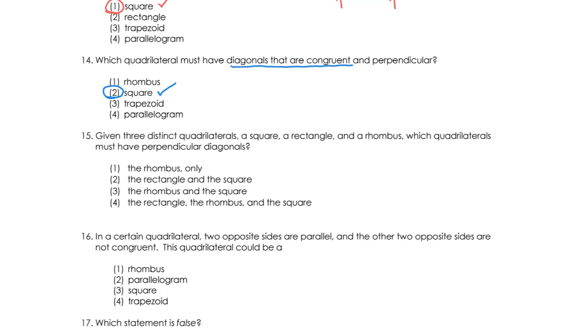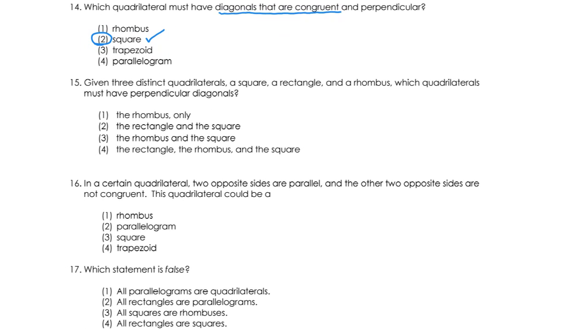Number 15. Given 3 distinct quadrilaterals, a square, a rectangle, and a rhombus, which quadrilaterals must have perpendicular diagonals? So perpendicular diagonals, remember, happen in a rhombus and also a square.